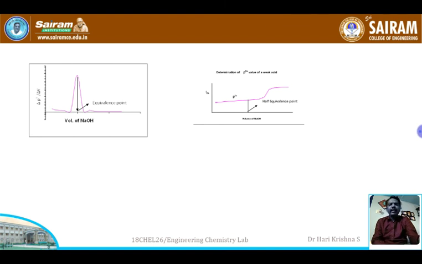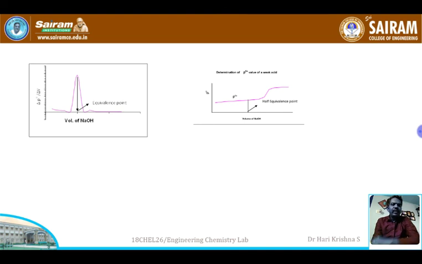We plot another graph, pH versus volume of NaOH. The nature of the graph will be S-shaped. From the half equivalence point on the volume axis, we draw a line parallel to the y-axis until it touches the curve. From there, we draw another line until it touches the y-axis.